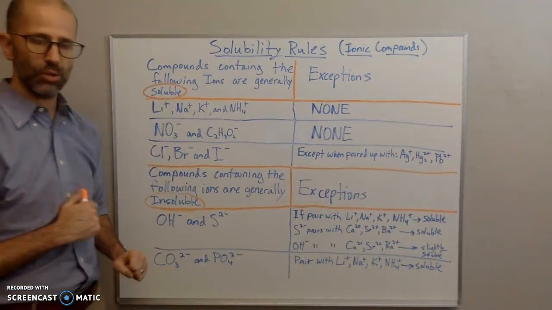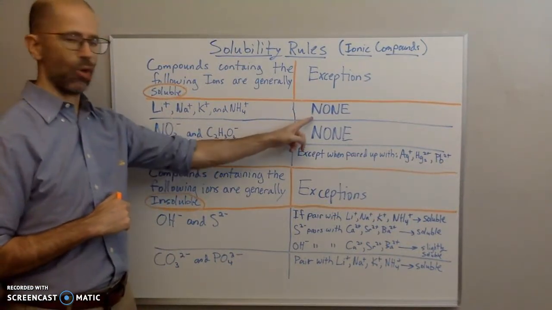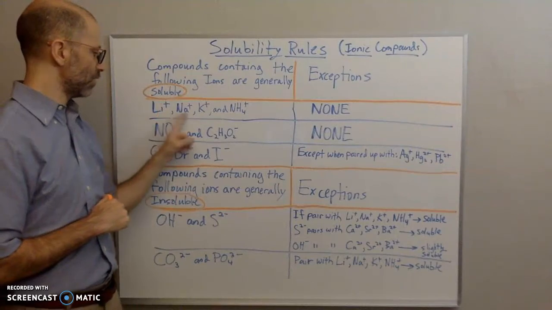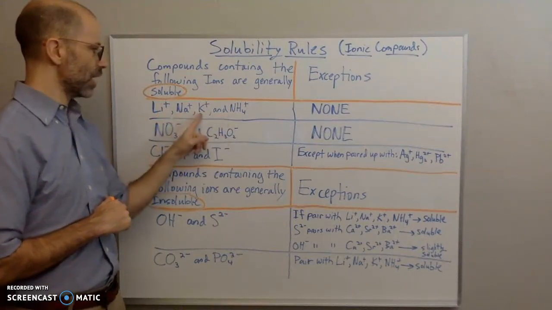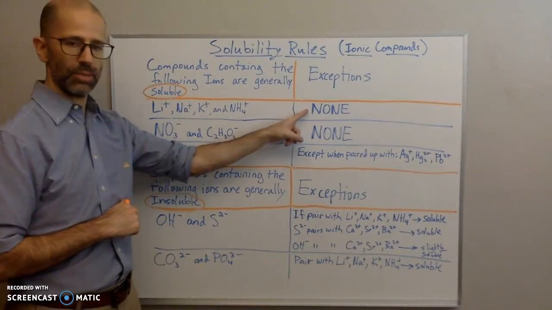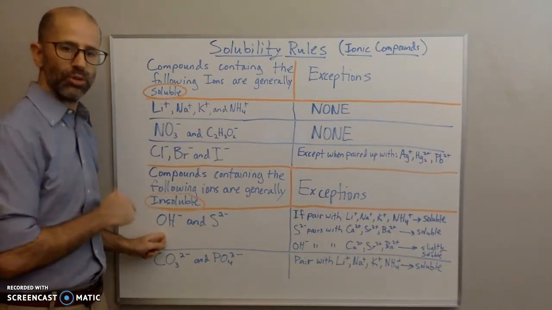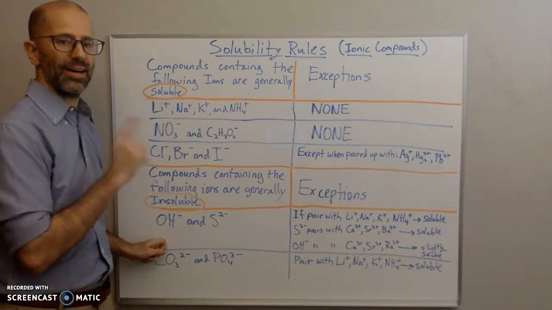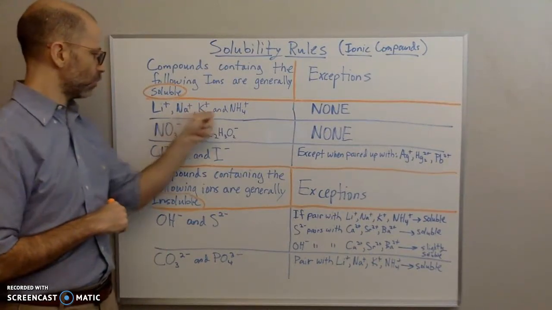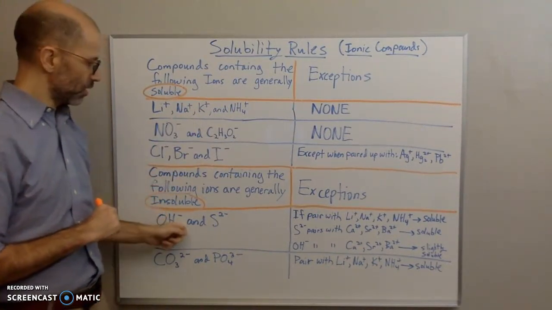Where did we see those before? Right here, right? Remember, there's no exceptions. So if you have any of these ions in your compound, then those are going to be soluble. No exceptions. So if you have these two ions, right, those are going to be insoluble unless they are paired up with these four. Then they got to be soluble. Okay.